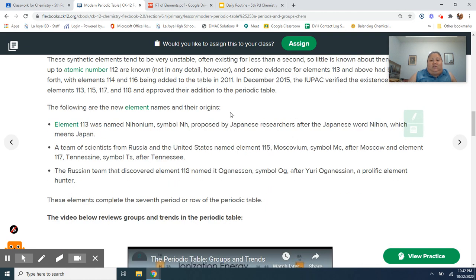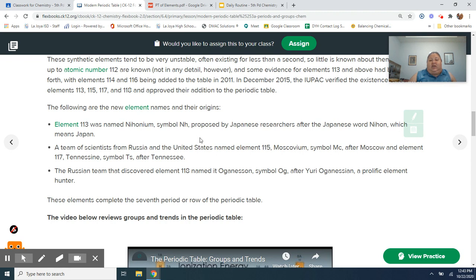If you want to know a little bit about those elements, let's go through it real quick. Element 113 is called nihonium, symbol NH, and Japanese researchers named it after the Japanese word nihon, which means Japan.